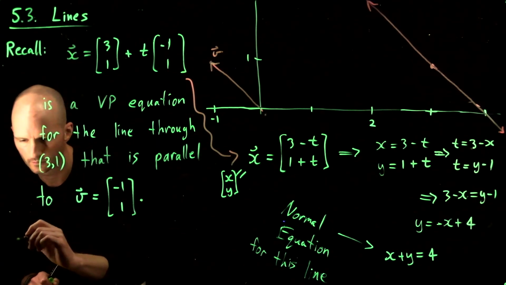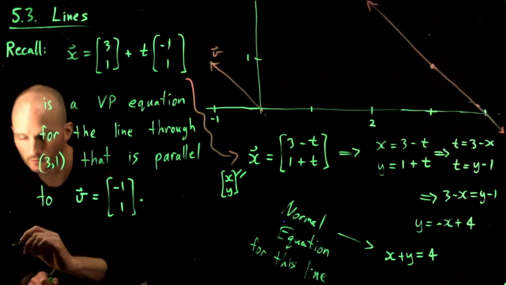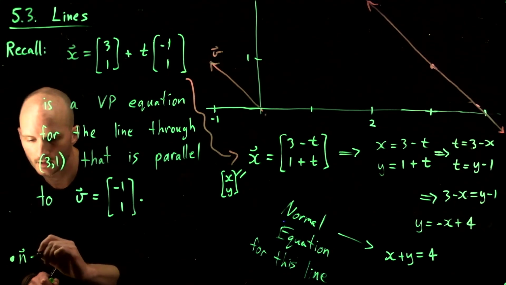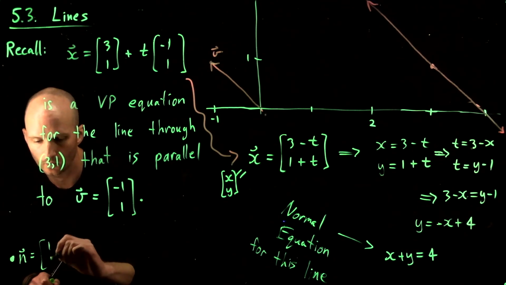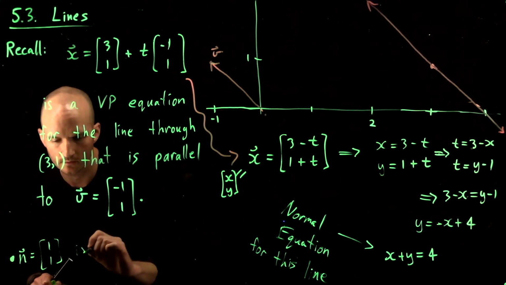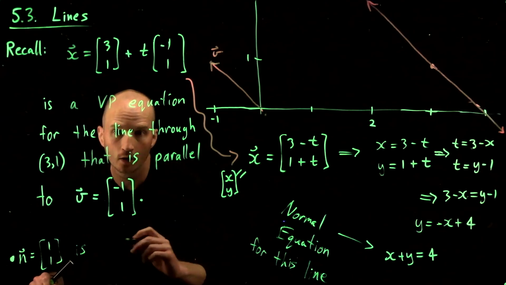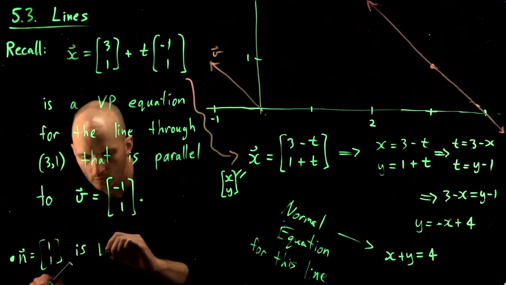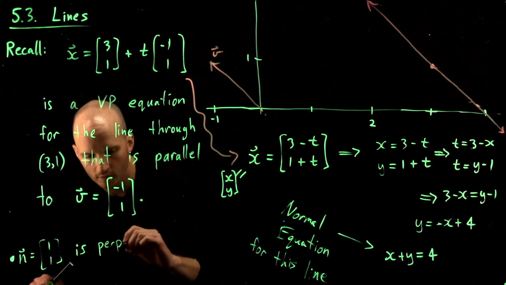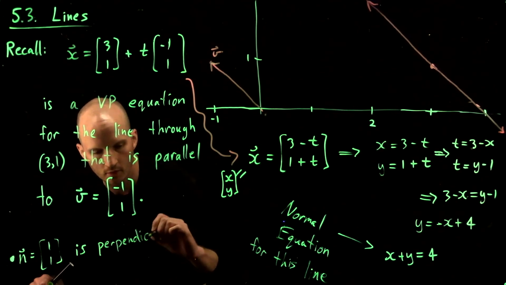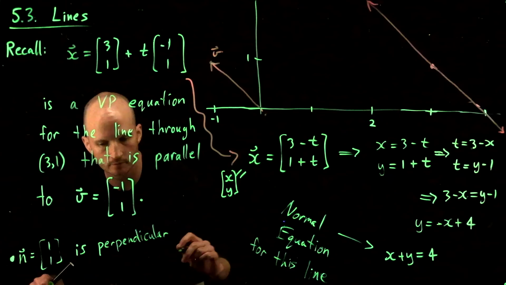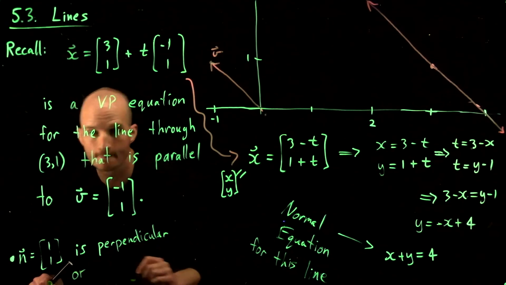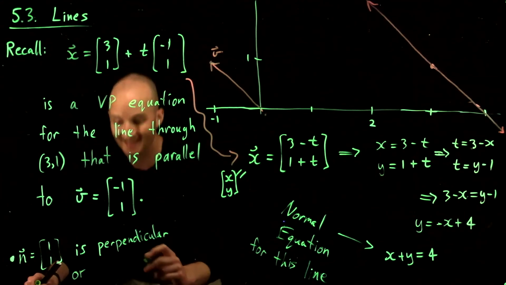So let's write that down here as a bullet point. N is equal to 1, 1 is perpendicular, or another way to say this is to say it's normal.